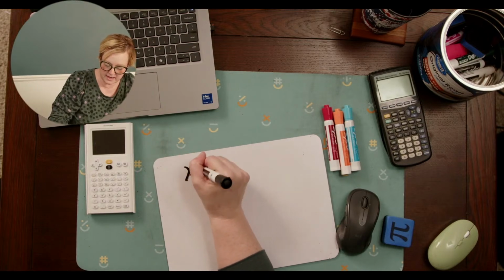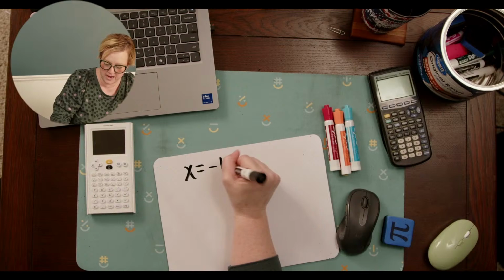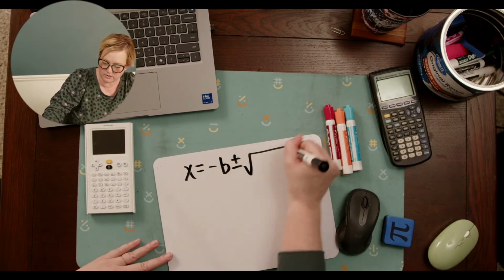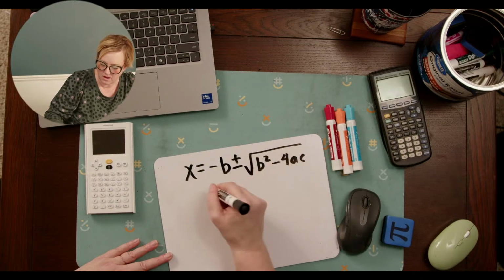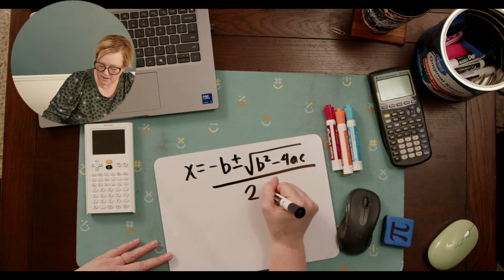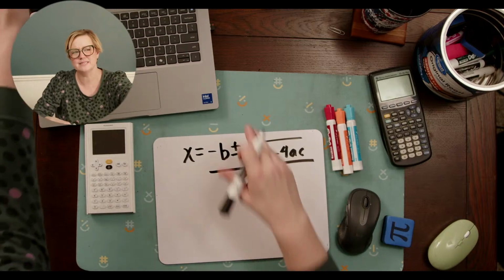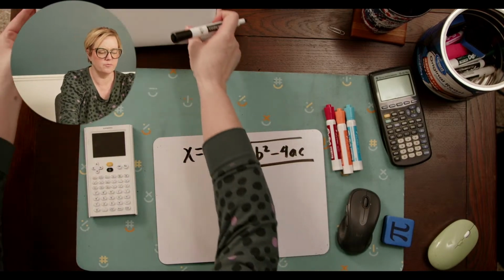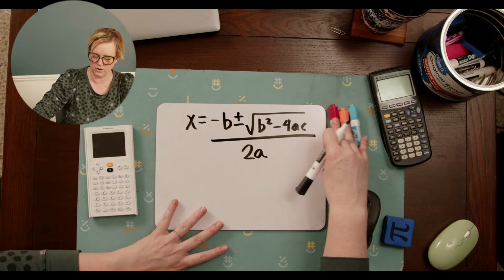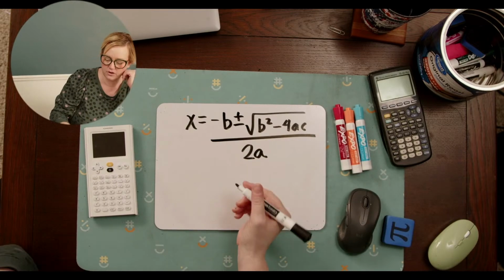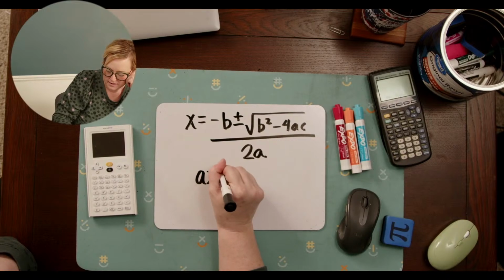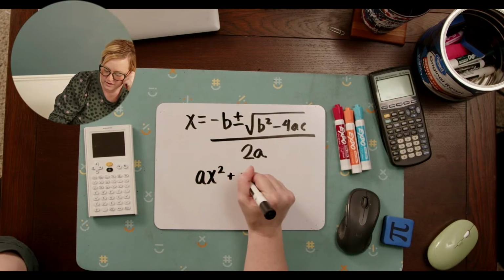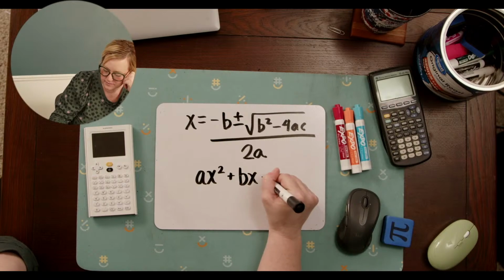It is x equals negative b plus or minus the square root of b squared minus 4ac all over 2a. Now all these a's, b's, c's, squared, square root, plus or minus, what in the world does it mean? When you're looking at a quadratic, you've got ax squared plus bx plus c.